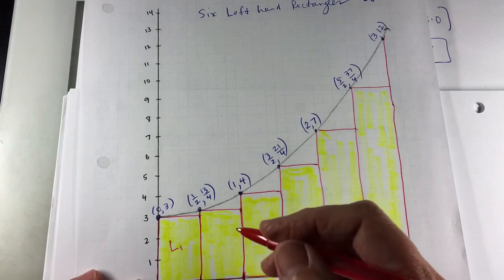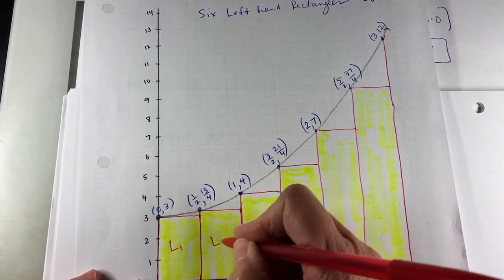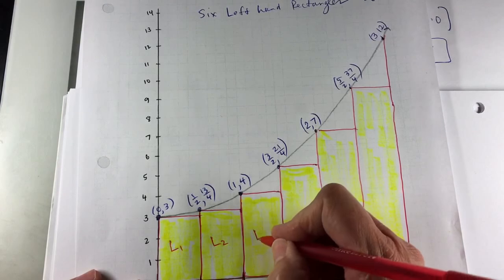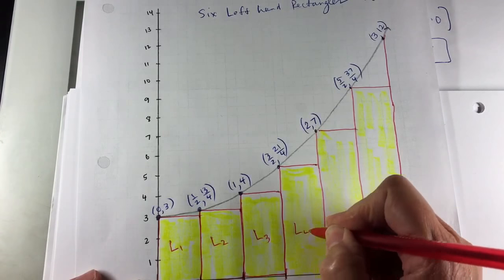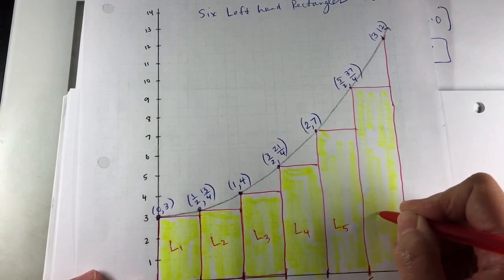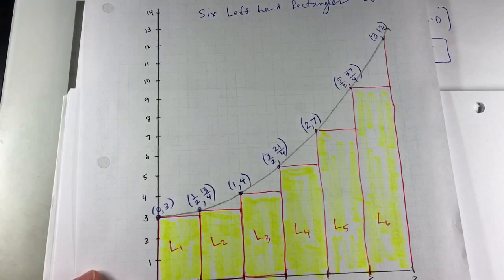And this is not consistent with the book. This one I call L number 2. This one I call L3. This one's L4, L5, L6. See, I'm using L6 to be that last rectangle. Your book uses L sub 6 to mean the sum of the 6 rectangles. So there's quite a difference there in notation.